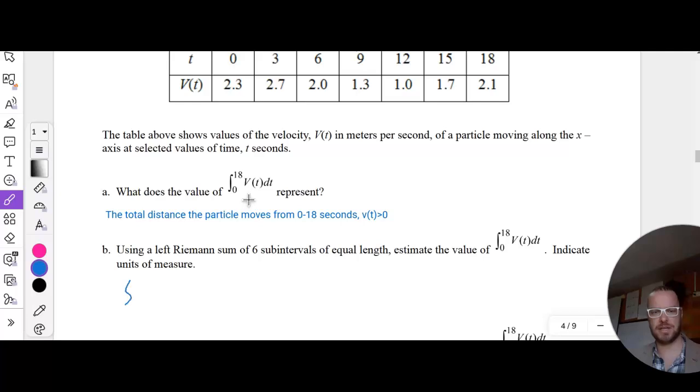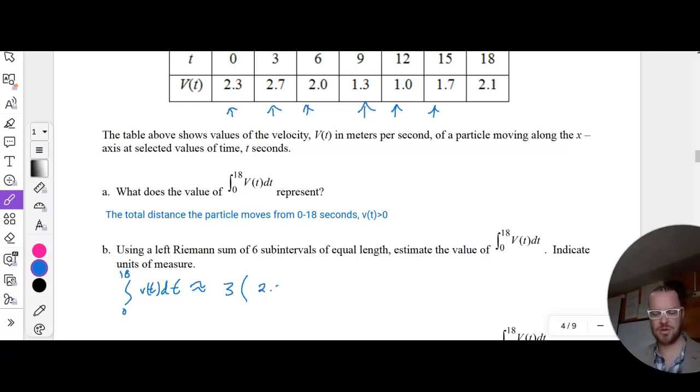So what we can do is say that the integral from 0 to 18 of v of t dt, we can estimate using the Riemann sum, and it's going to be a width of 3 times all of our heights based on the left, because we're doing the left-hand Riemann sum. So that would be here, here, here, here, here, and here. This one isn't included because that's the right side of the last one.